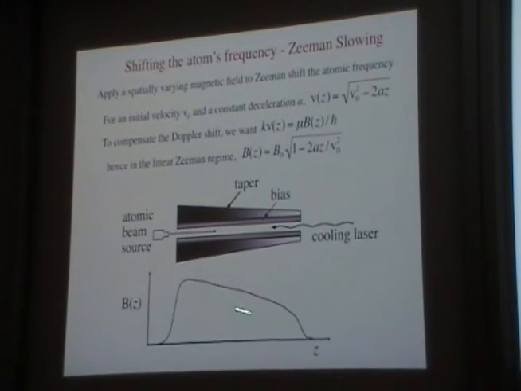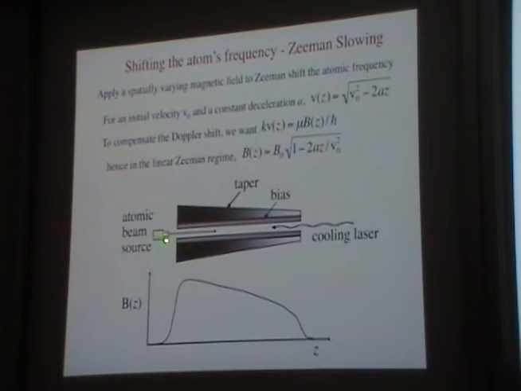So there's some constant, often people put some sort of bias field on the system, but basically you have this inverted parabola. So an atom initially at one location will slow down, and this is the field profile that corresponds to constant deceleration of the atom.